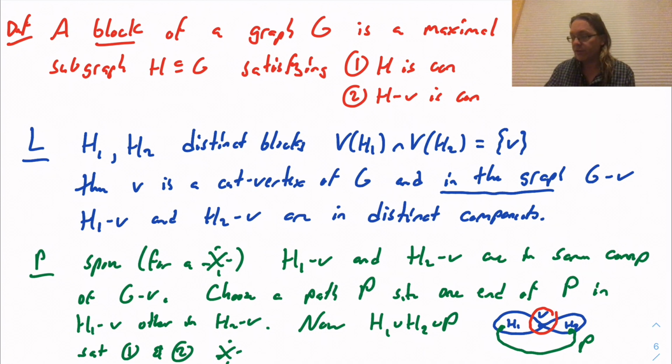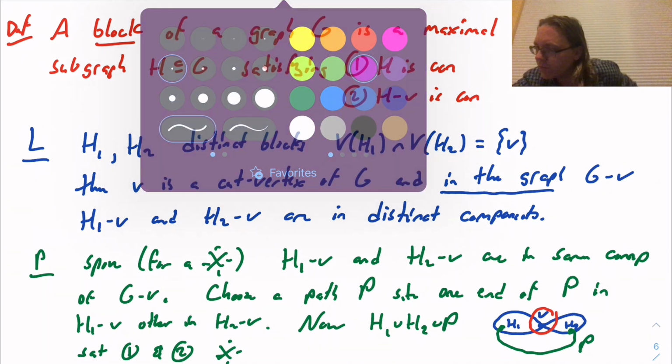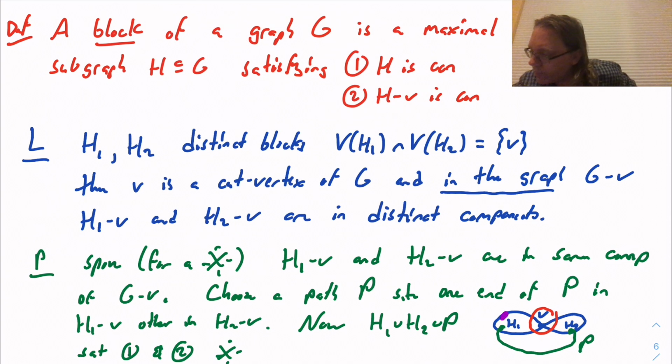You could delete a vertex that's in H1, but it's not the vertex V. Say you delete some vertex over here, maybe that's the vertex U. Well, H1 delete U is going to be connected. H2 is connected.